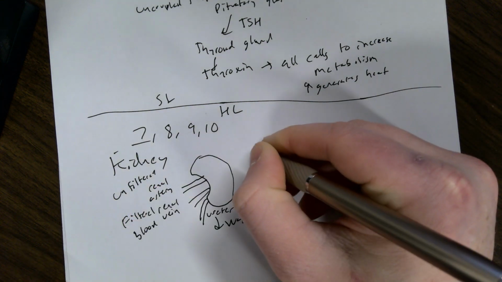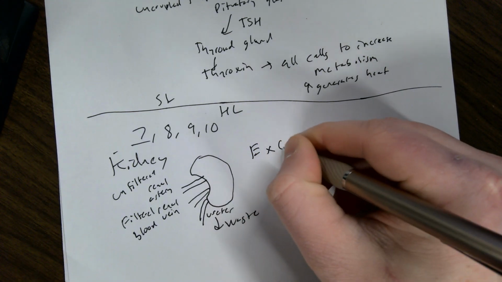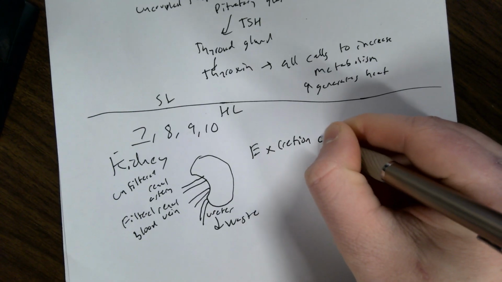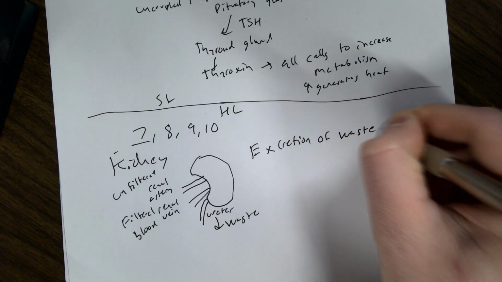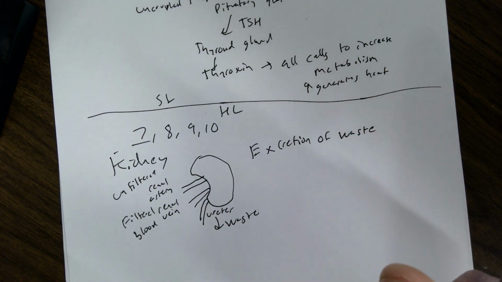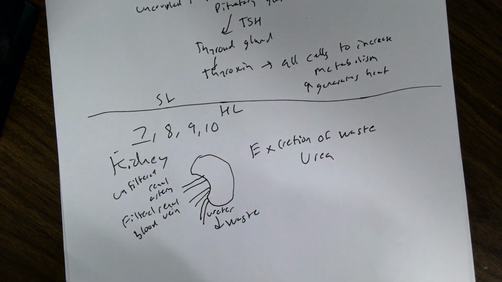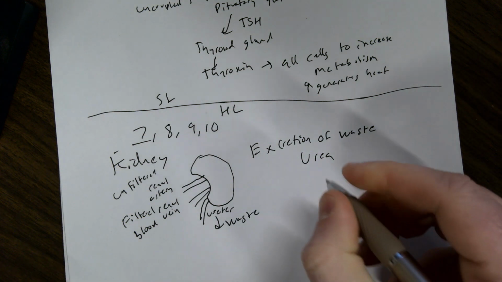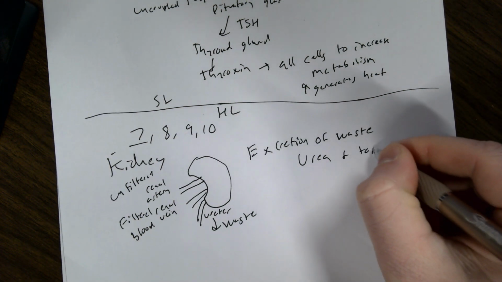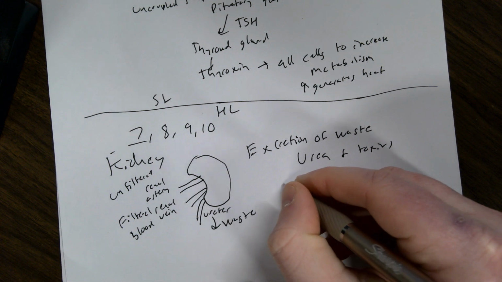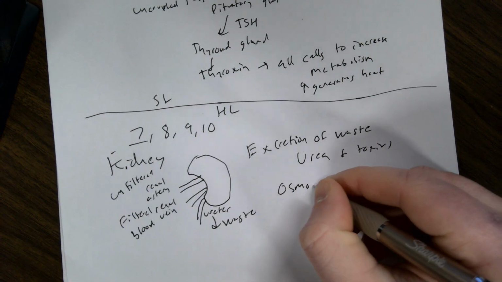And so one of the main functions of the kidney is excretion of waste. And so it's taking toxins and other waste particles like urea out of the blood. And so you're going to get rid of that. It also is important for osmoregulation.